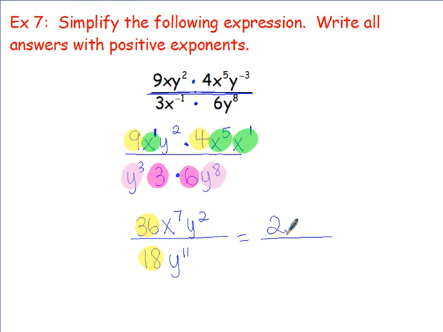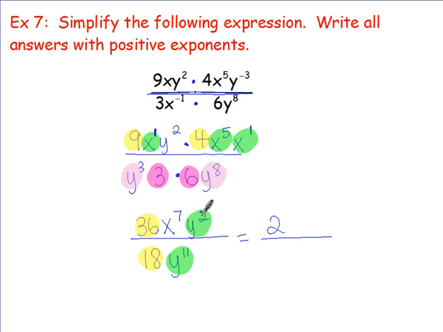What else do we have that's like terms? Well, I see some y's. Here's a y, and here's a y. Top and bottom means we are subtracting. So starting with the larger amount of 11, 11 take away 2 leaves me with 9 y's.